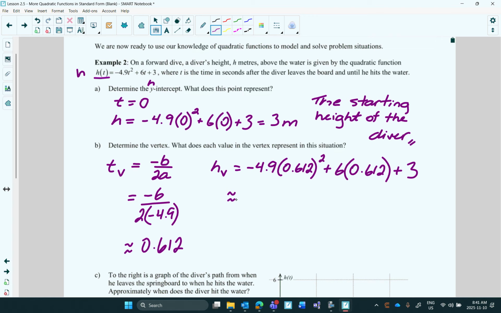When you do that, you should get about negative 1.835 for this, plus 3.672, plus 3, which is going to be approximately, if we go to 3 decimal places, 4.837.